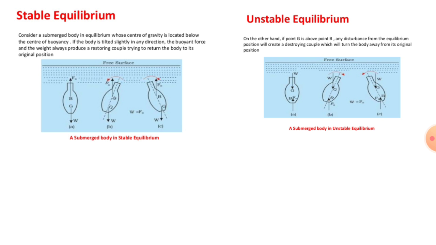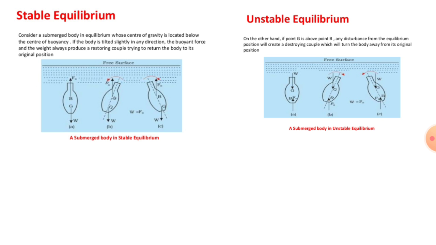Stable equilibrium. Example, consider a submerged body in equilibrium whose center of gravity is located below the center of buoyancy. Refer to the figure. If the body is shifted slightly in any direction, the buoyant force and the weight always produce a restoring couple trying to return the body to its original position. Unstable equilibrium.